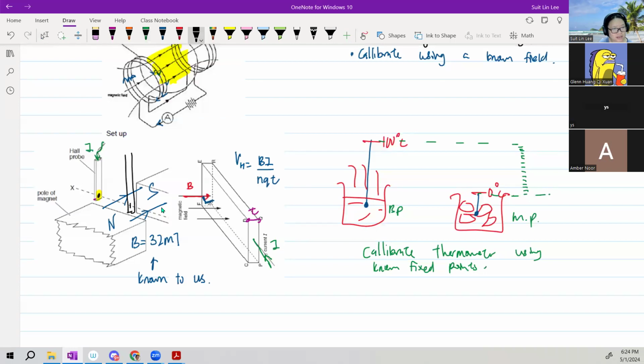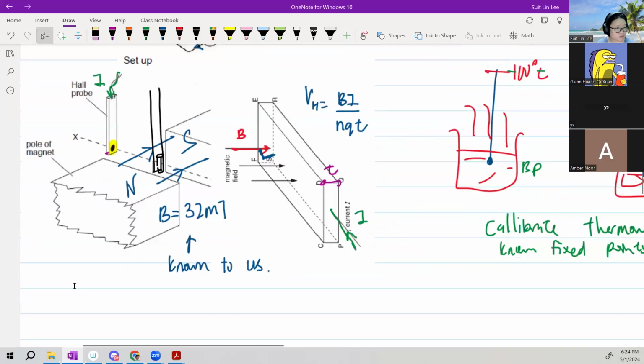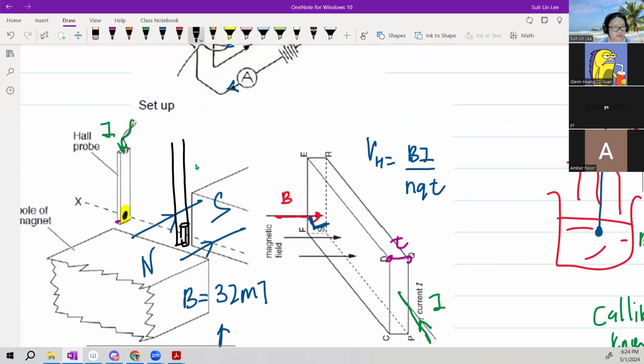And this is my slice. Maybe I'll zoom in a bit. I purposely want a scale drawing for you to understand that in real life, we can't really tell what the slice is now. But let's say this is my slice that is inside, and inside here is part of the whole probe wall, so the slice is here.